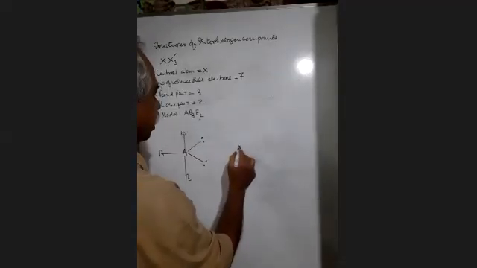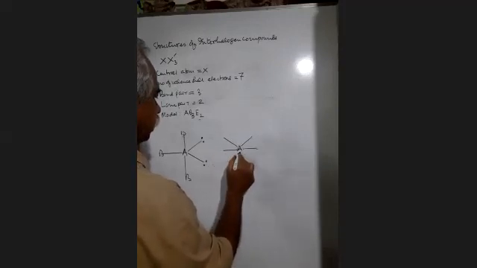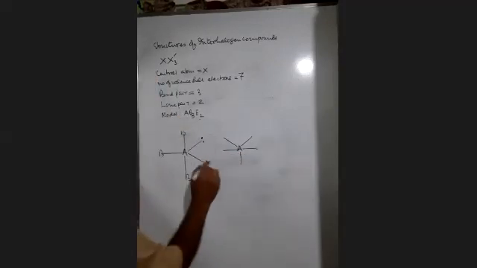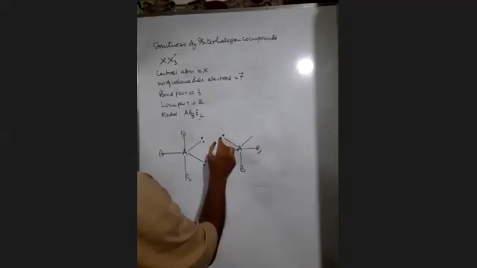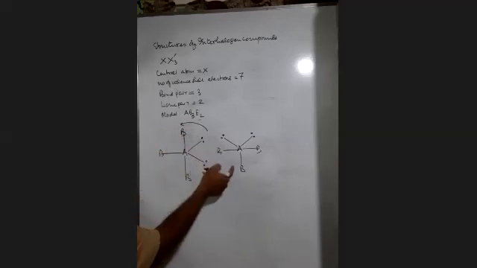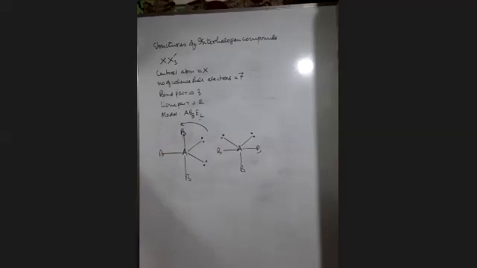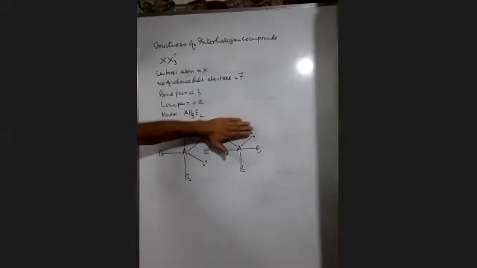I know you have some problem of imagination. If I turn it this way, will it not look like this? Is it not the same structure? Then how does it look? See, these 2 are not visible here. How will it look? T-shaped. Correct.